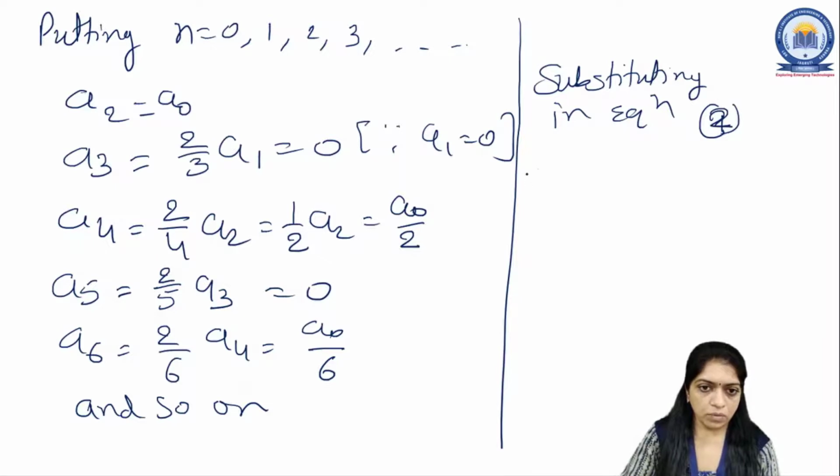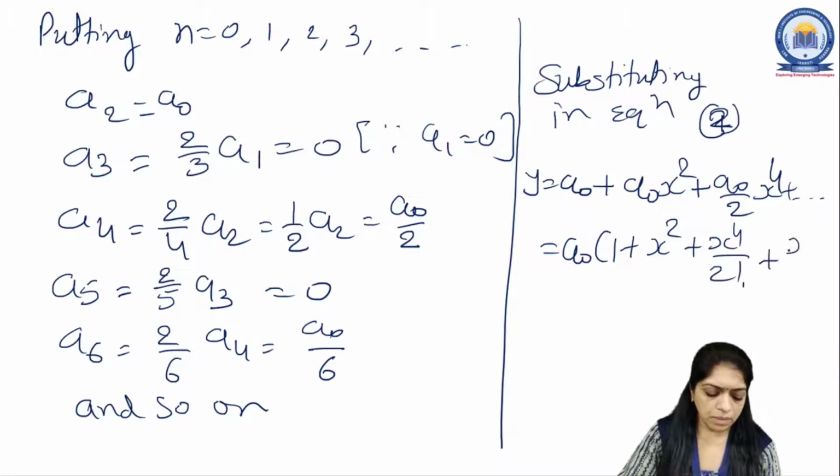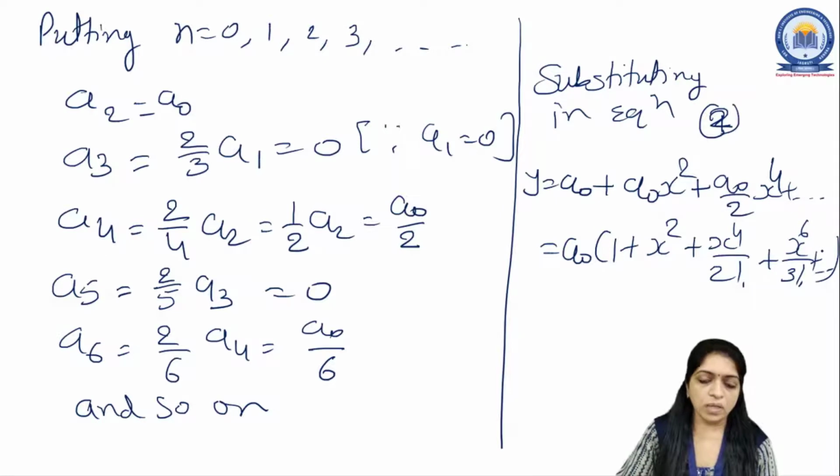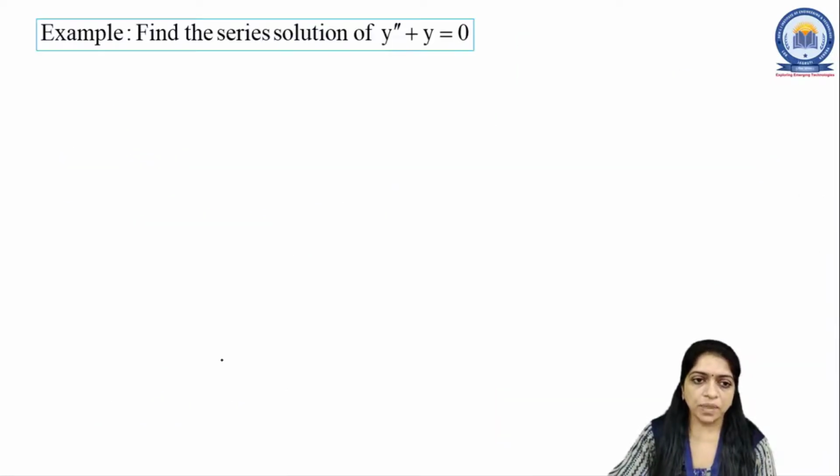So y equal to a0 plus a0 x square plus a0 by 2 x raised to 4 up to so on. If I keep a0 common, 1 plus x square plus x raised to 4 by 2 factorial plus x raised to 6 by 3 factorial up to so on. So this is the power series solution of the given differential equation.